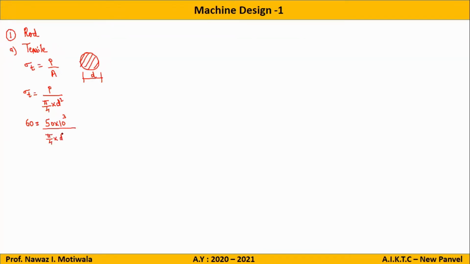What is unknown here? Diameter of the rod, that is D. And what is the answer for it? 32.57, so approximately 32.87. So let me approximate it to 40 mm. So we will finalize that our diameter of rod is 40 mm.